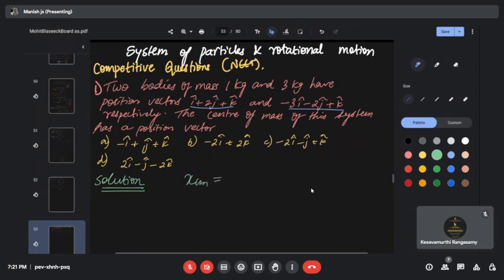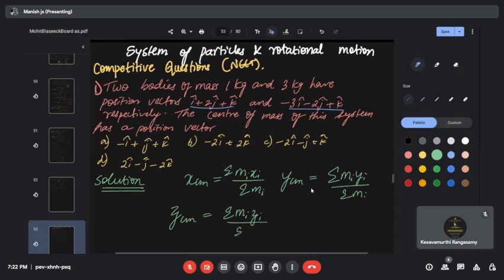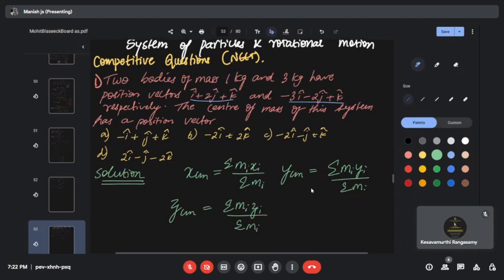Xcm is equal to sigma mi xi upon sigma mi. Similarly, for y center of mass, you have sigma mi yi upon sigma mi. The same way for z also, sigma mi zi upon sigma mi. So you need to apply this formula.